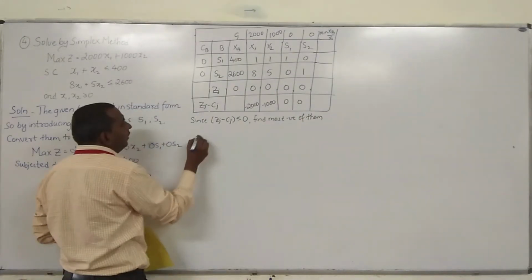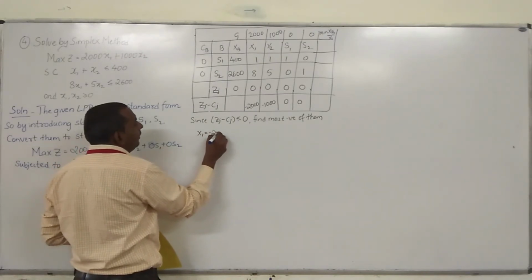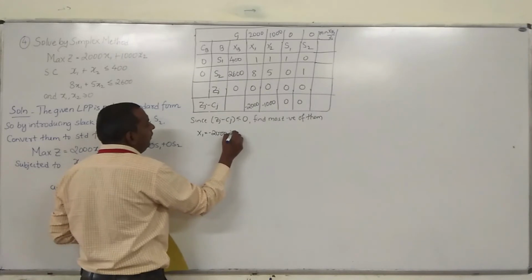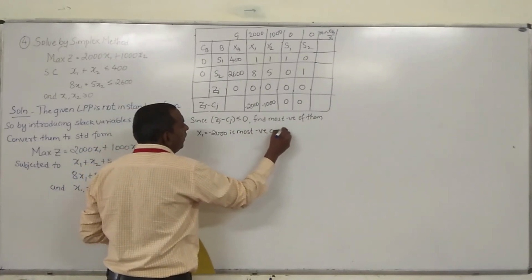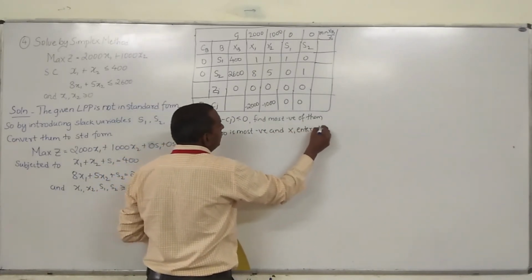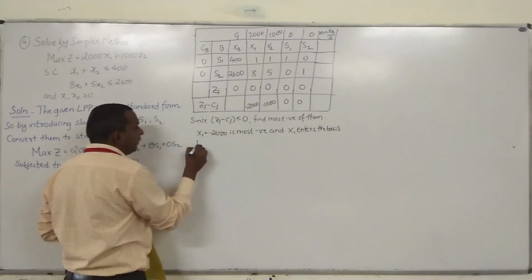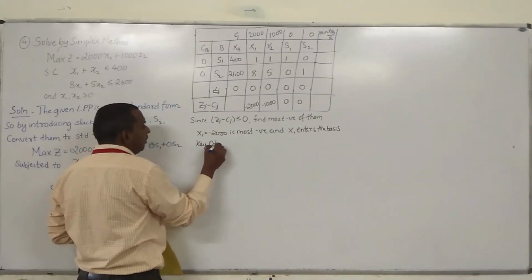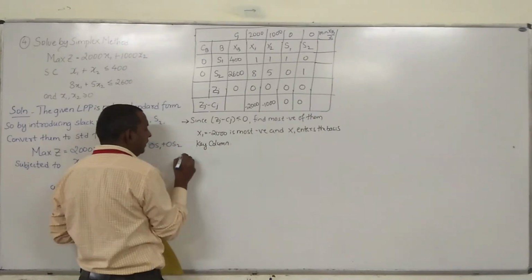So here x1, that is minus 2000, is most negative, and x1 enters the basis. That is the key column. Fine.